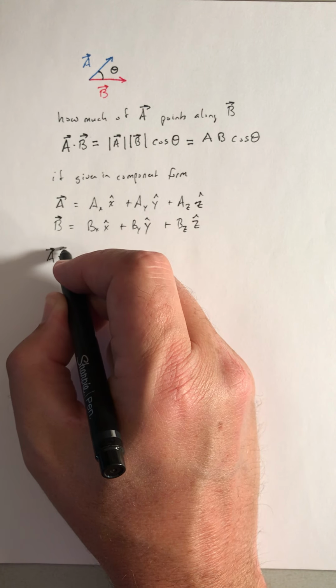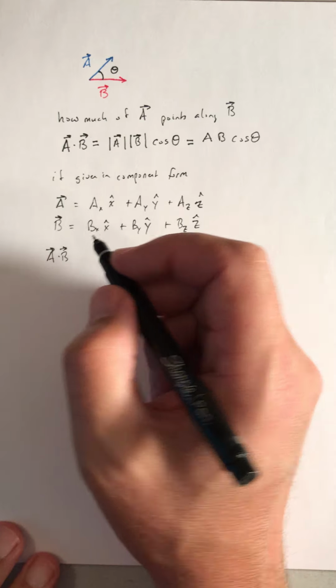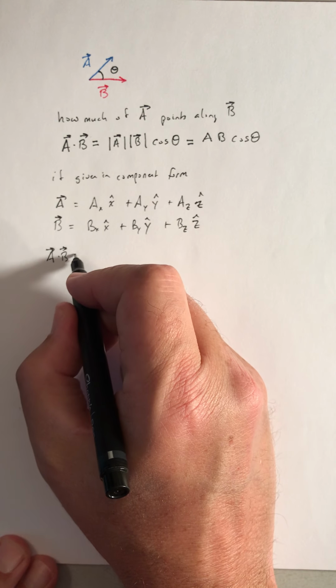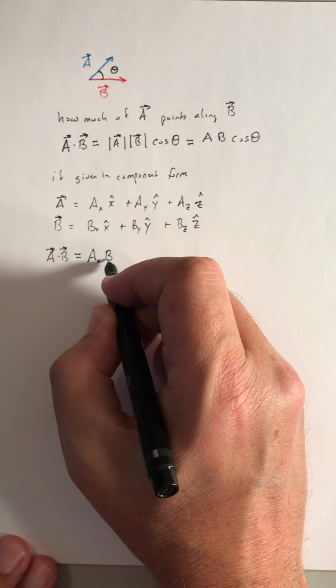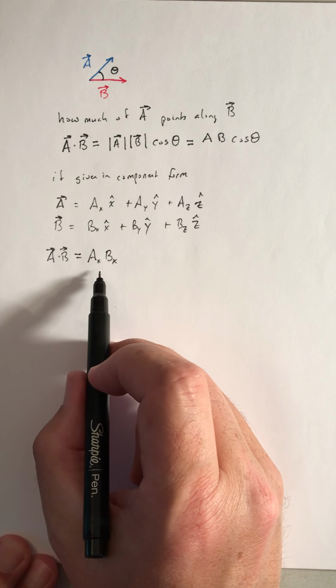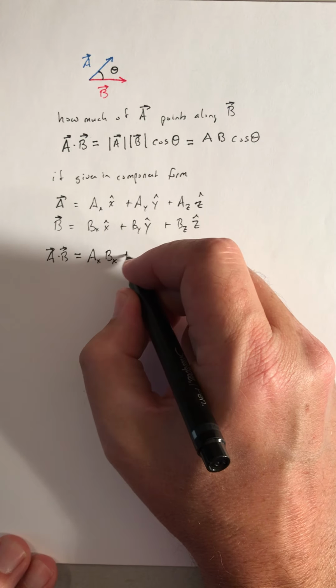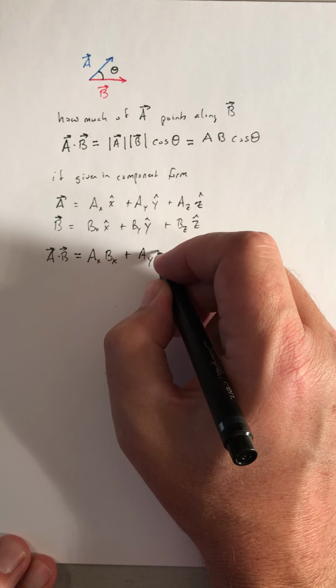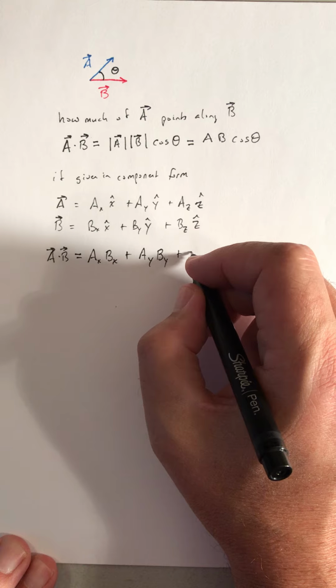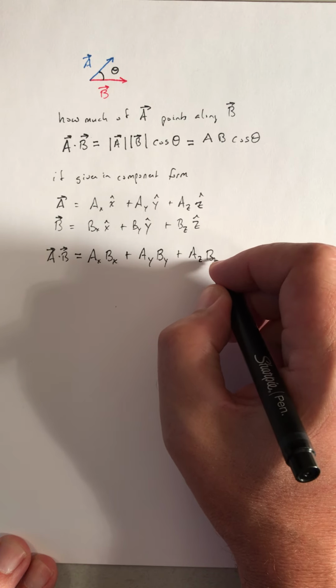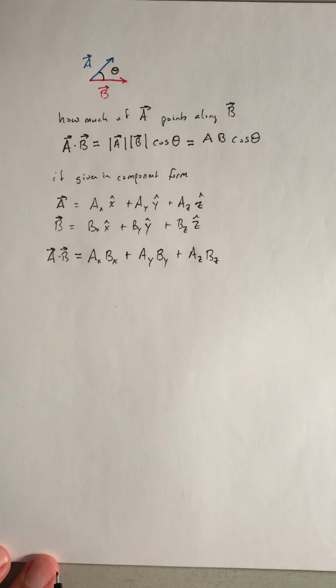Matter of fact, this is how you would turn around and find that directional angle if you ever needed it. A dot B I could also compute by taking the x components multiplied together plus the y components multiplied together plus the z components multiplied together.